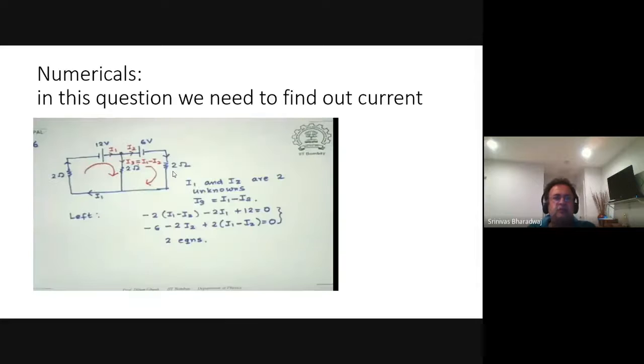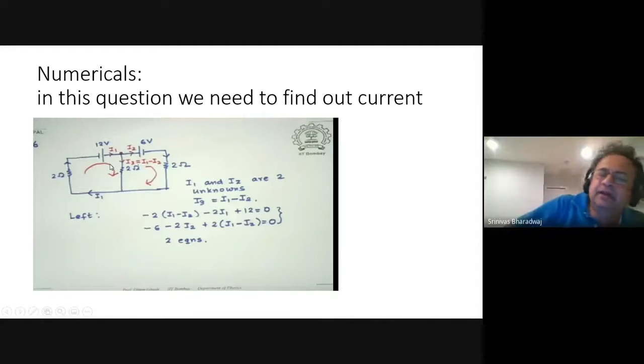So now we need to find the currents. Here he is giving you two equations, right? So how many unknowns? Typically, you make the currents the unknowns. If the current here is I1, then that will also be I1.